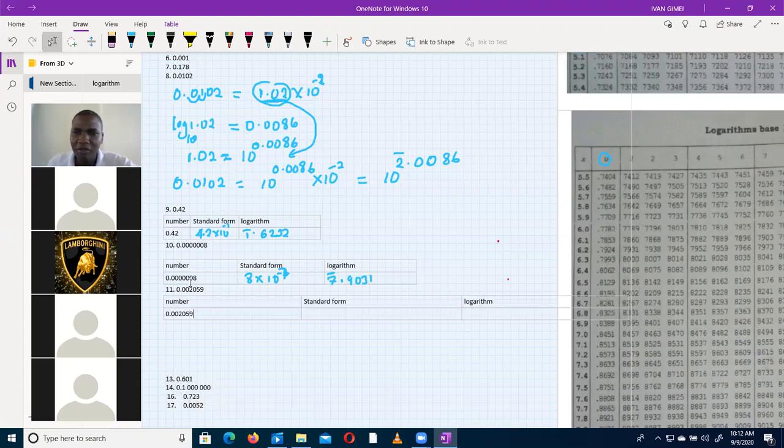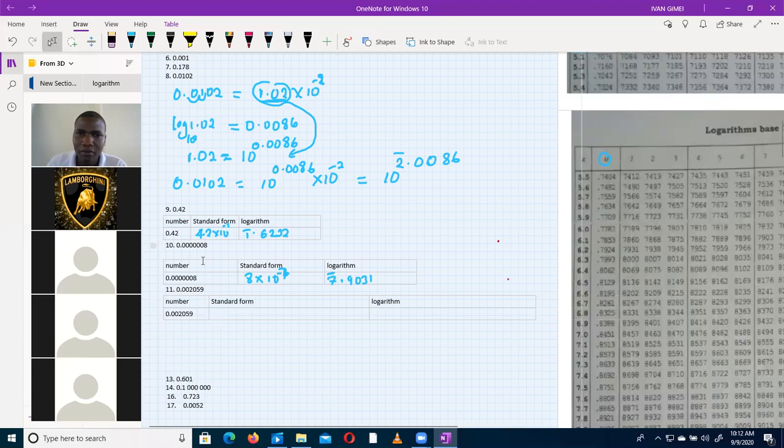What will this number be like in standard form? 2.059 times 10 to the power of negative 3.